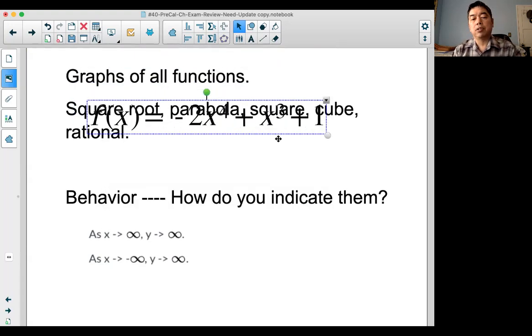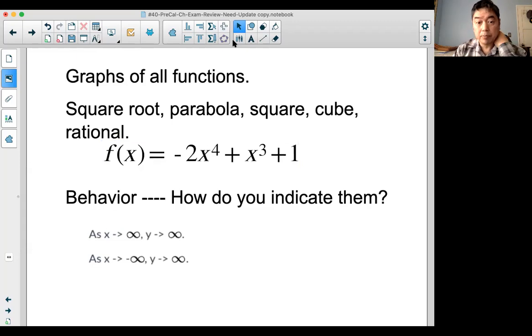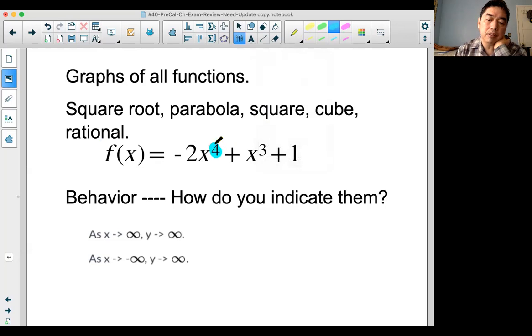Okay, so what you have to know, first of all, is this number. This goes in the same direction, right? It could be up, up, or down, down. If it's an odd number, you have it going this way: left down, right up, or left up, right down, right?